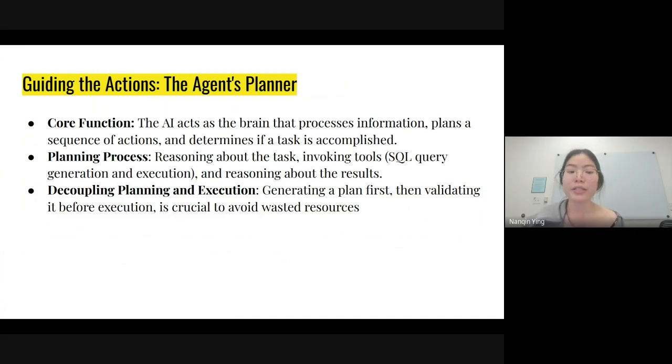A really important thing mentioned is that it's often best to separate the planning stage from the execution stage. This means the agent will first come up with a plan, and only after the plan is checked to see that it makes sense, carry it out.